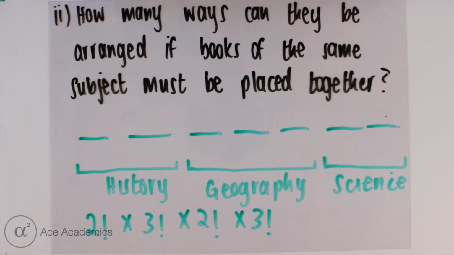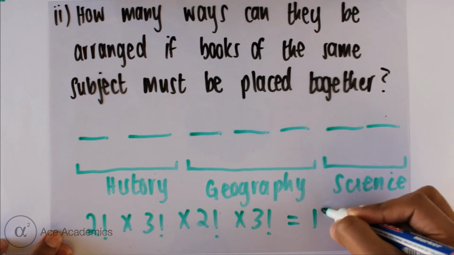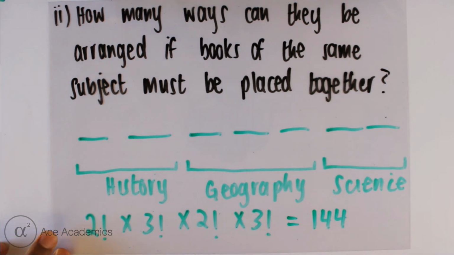So a problem like this will be solved by first individually looking at each subject and then combining all of the subjects and looking at how many ways can each of the subjects be arranged. So 2 factorial multiplied by 3 factorial multiplied by 2 factorial multiplied by 3 factorial is simply 144 ways.